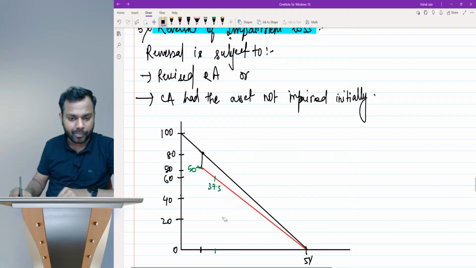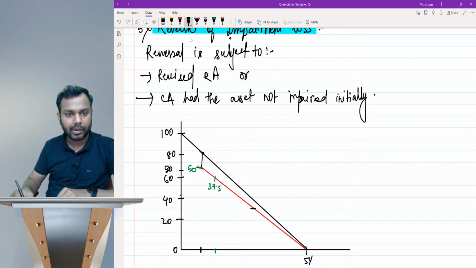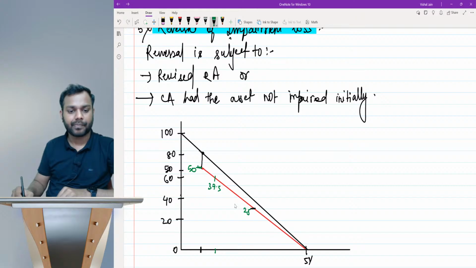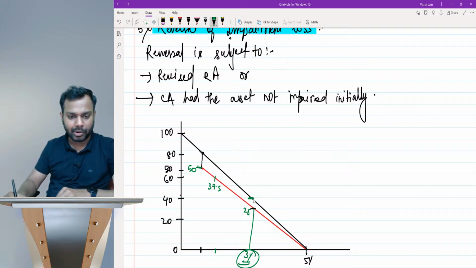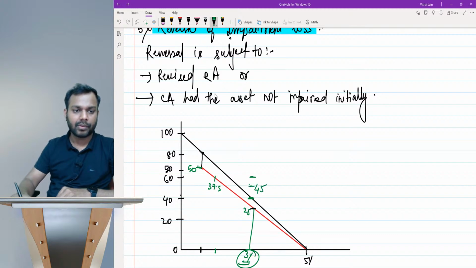Let me put the graph properly. 25 should be somewhere here, in the third year. And the recoverable amount is 45.